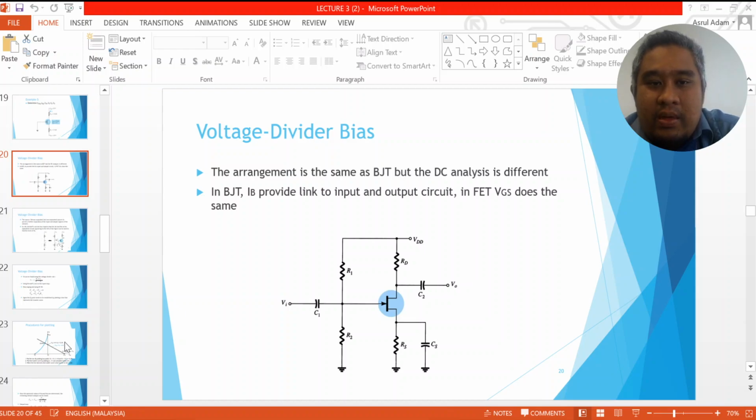To proceed with the DC analysis, I remind you that you have to know the basic condition of the JFET, which we discussed in the previous video: the current IG, the current at the gate, is equal to 0.